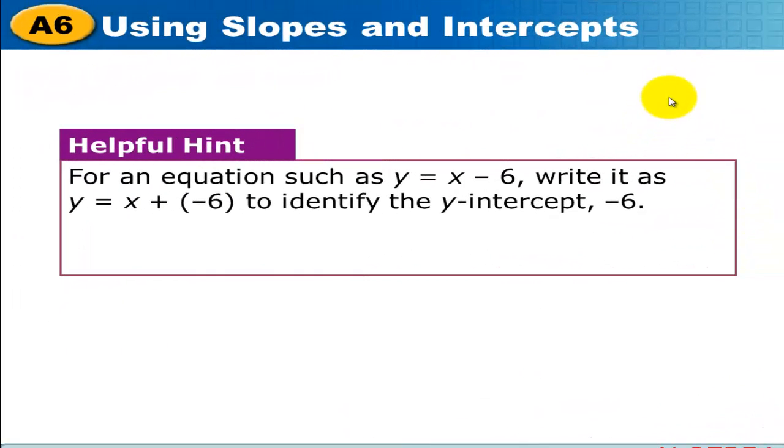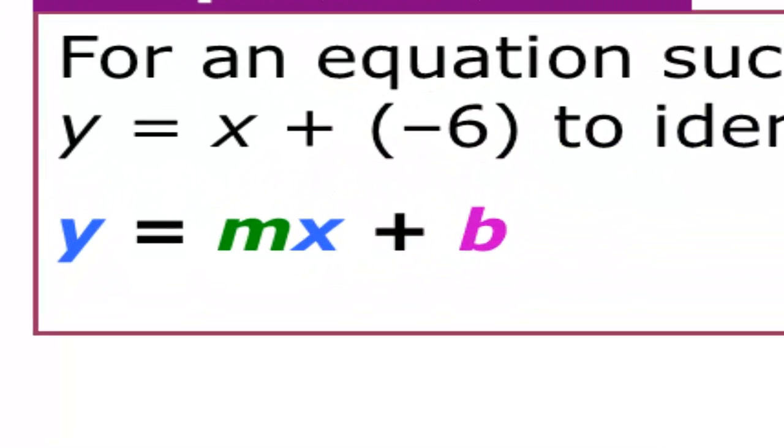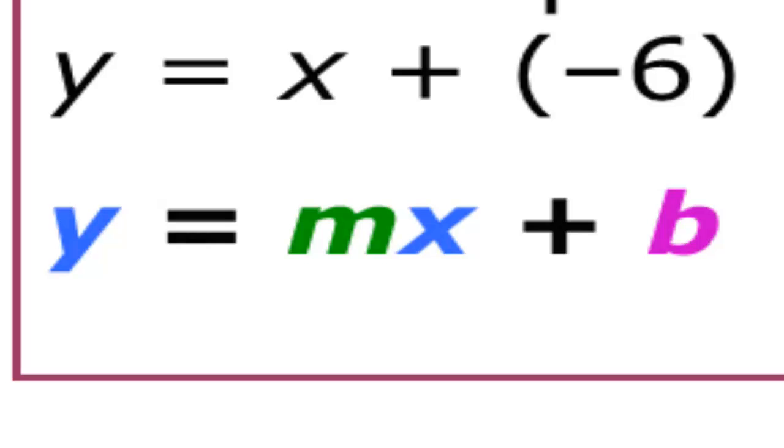Okay, now we have here a very helpful hint. If we have an equation such as y equals x minus 6, write this as y equals x plus negative 6 so that you can match this with our slope-intercept form. Once we have our slope-intercept form, we can identify our slope.